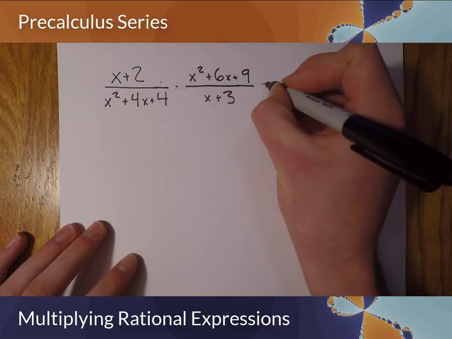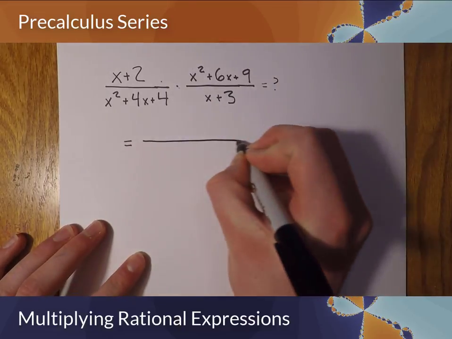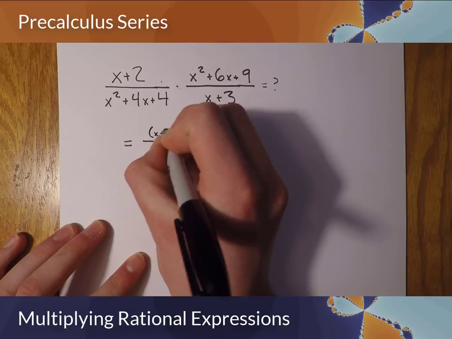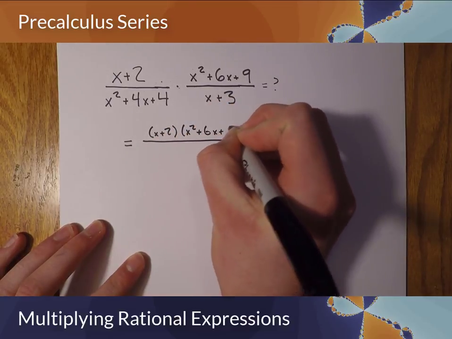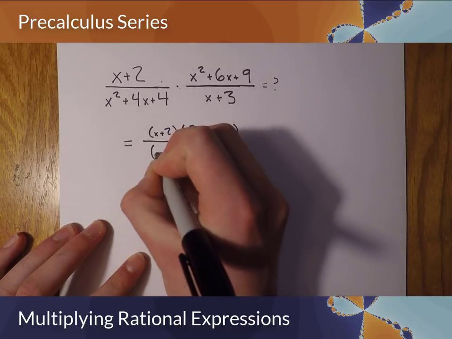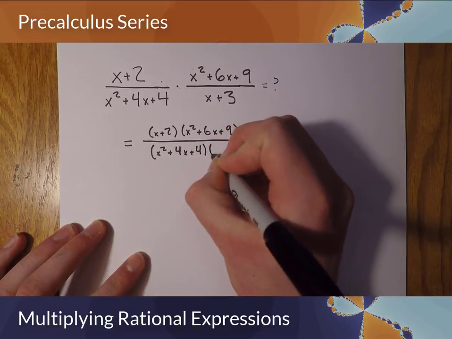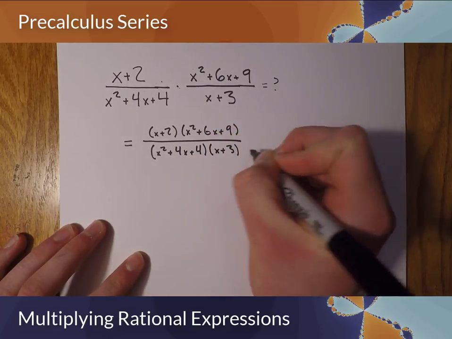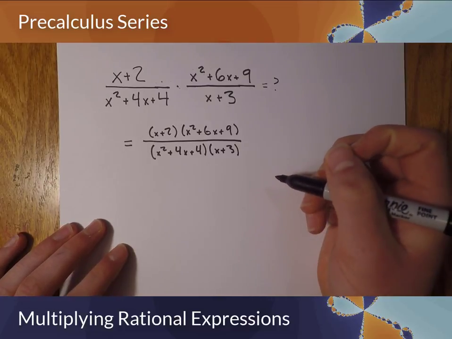So this equals (x + 2)(x² + 6x + 9) over (x² + 4x + 4)(x + 3).